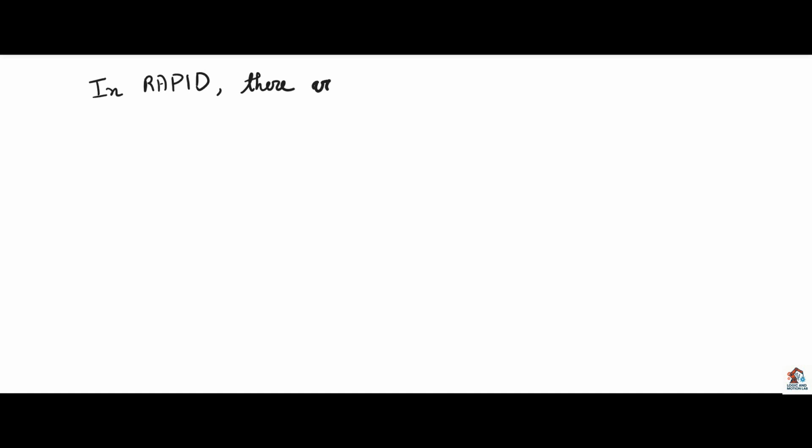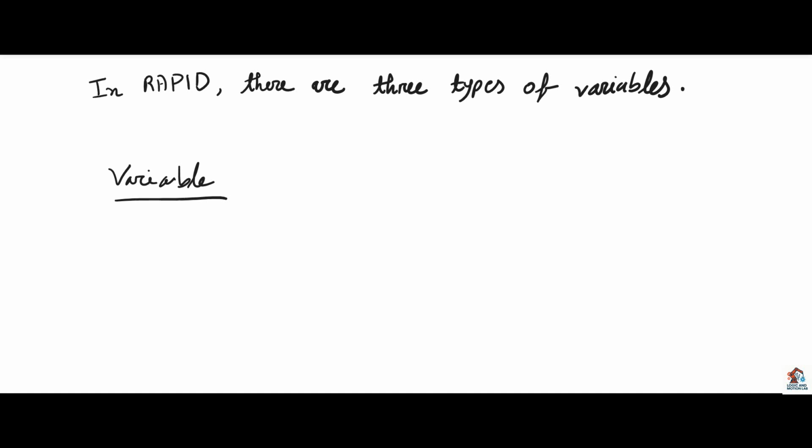In Rapid there are three types of variables: variable, persistence, and constant.